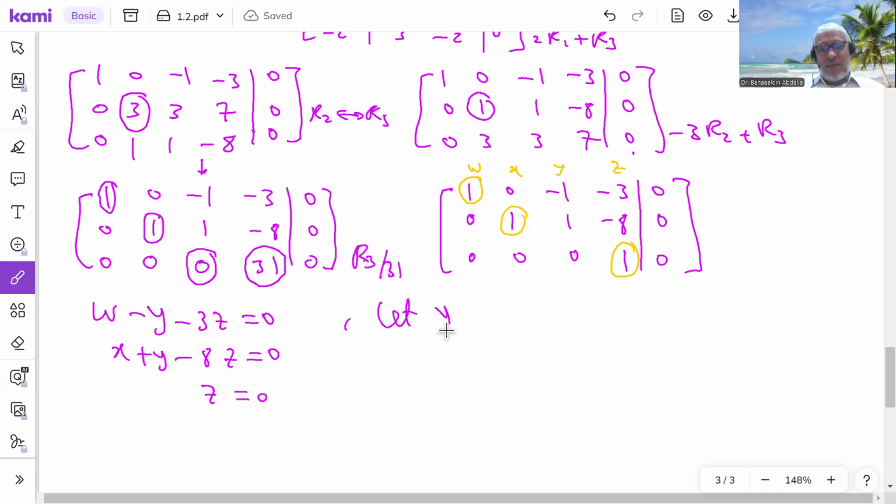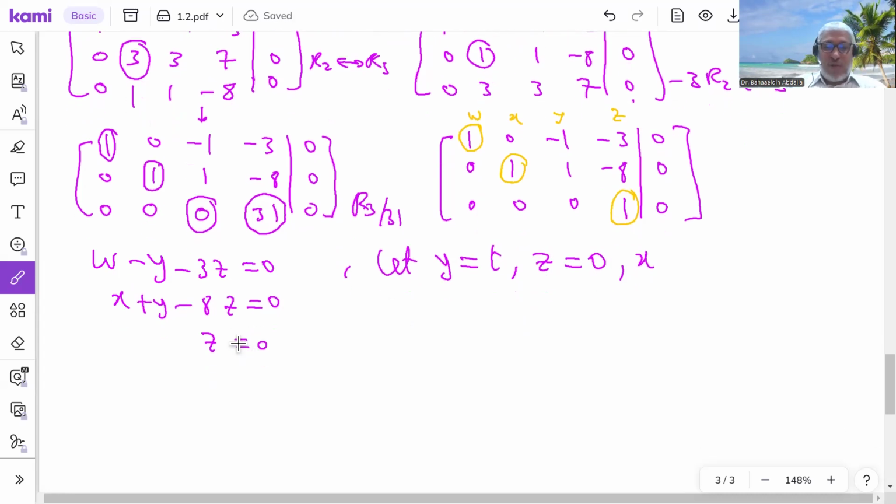So I will let Y equal T. And I have Z equals 0. So what would be X from the second equation? Back substitution. Third finished, go to the second. Y is T, and Z is 0. So X is negative Y. So X is negative T.